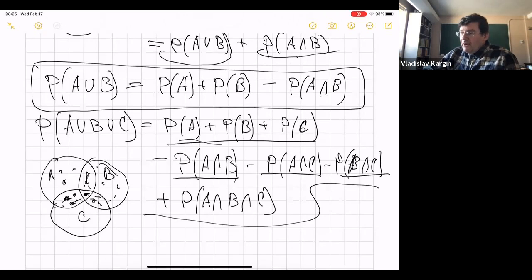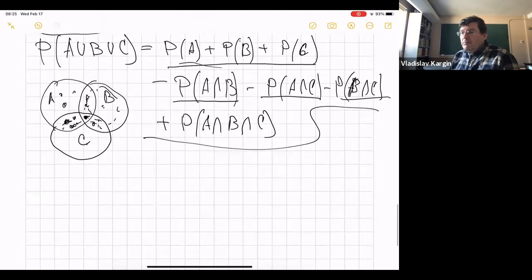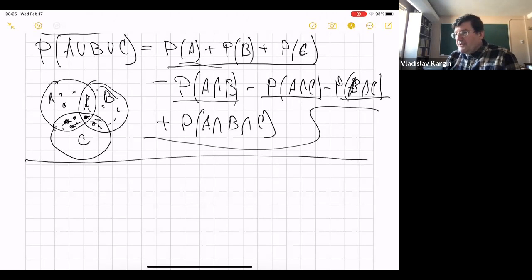All right. So now we already covered the set theory very briefly. Now we are going to cover combinatorics. And the reason for that, we are going back to Laplace times, when every outcome has the same probability.